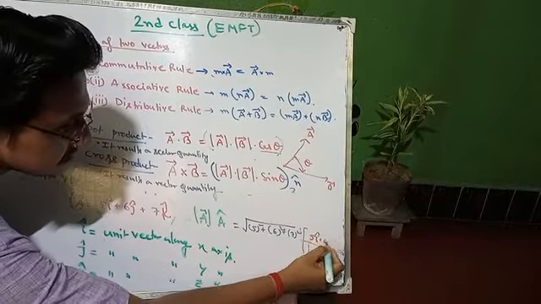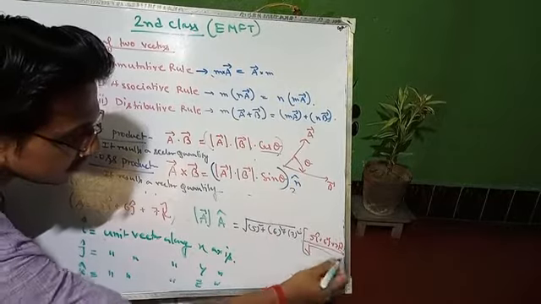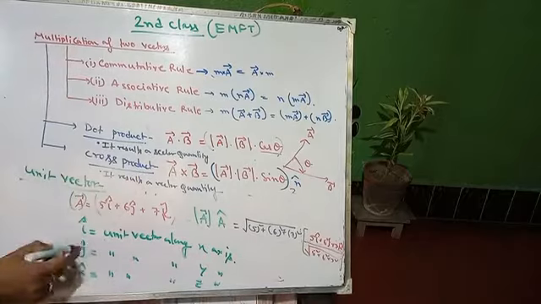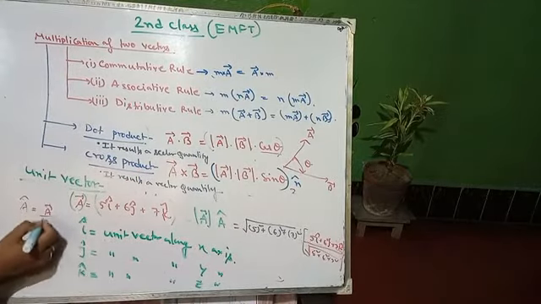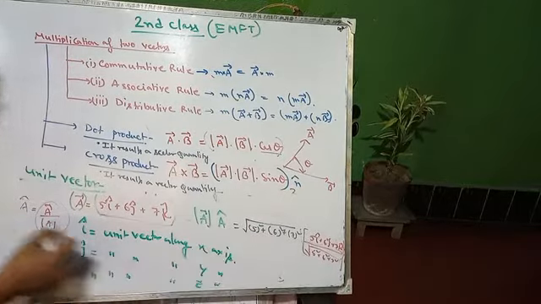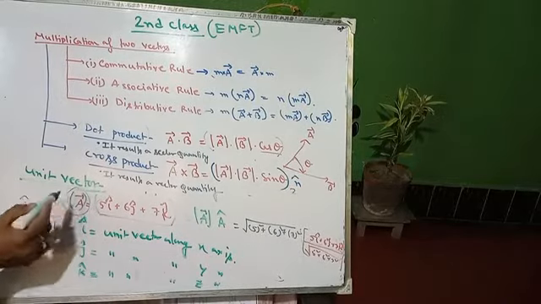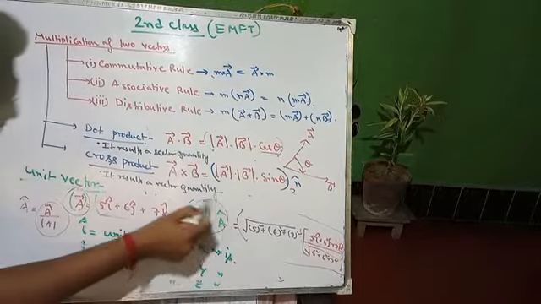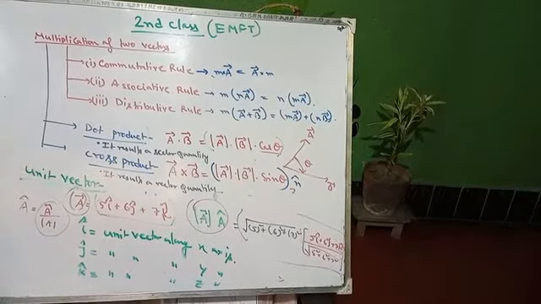So A cap equals A vector divided by modulus of A. This is the concept, and these are the values. So the unit vector concept, I think, is very clear.